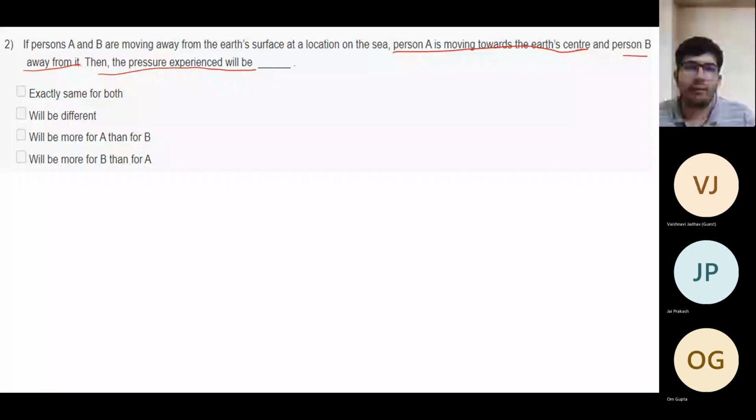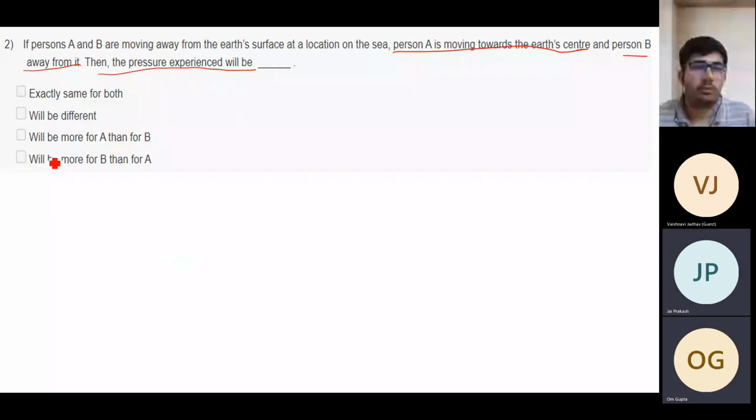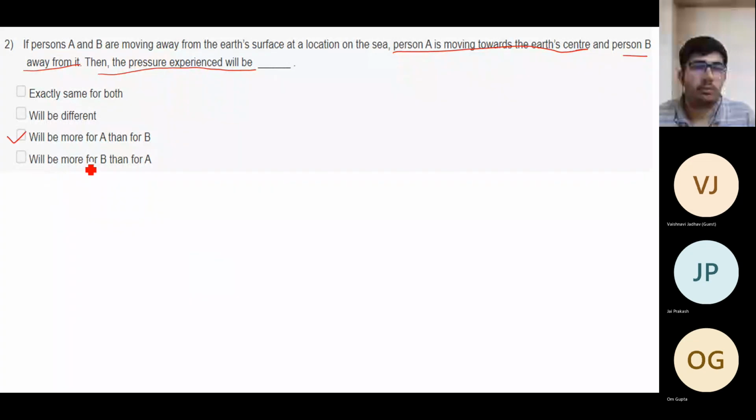So it will be more for A than B. So what are the correct options? Anyone want to answer? Only one correct answer, C: will be more for A. So you are saying that the correct option is option C, will be more for A than for B.